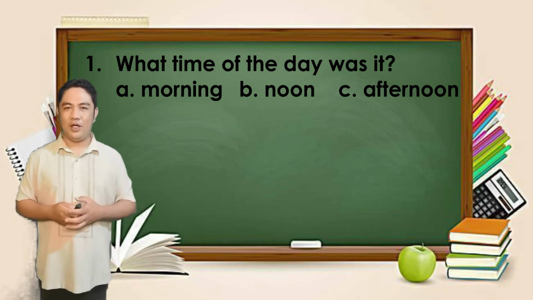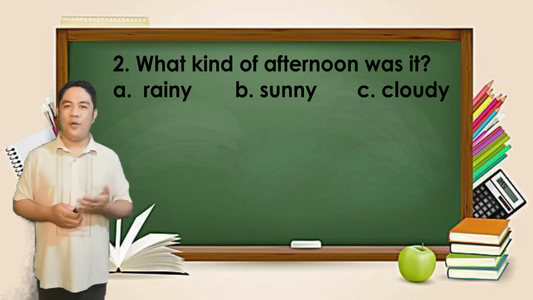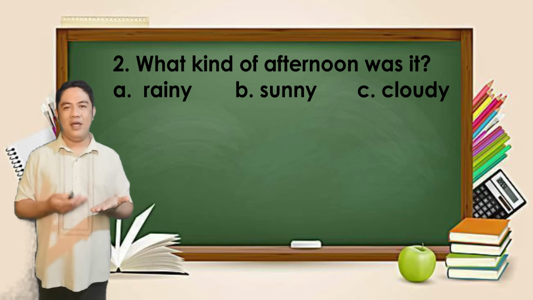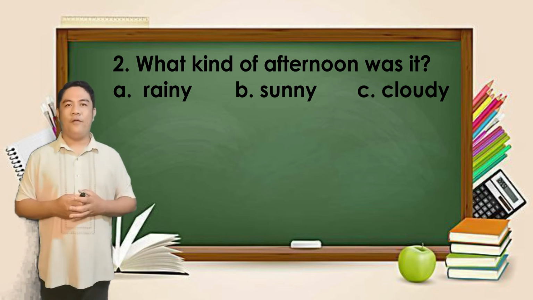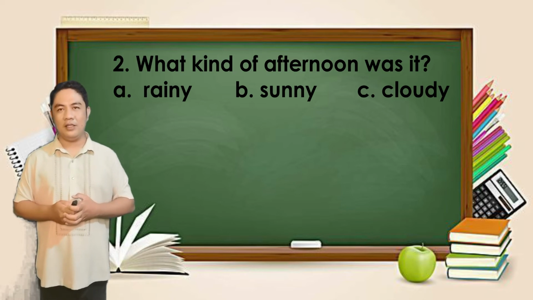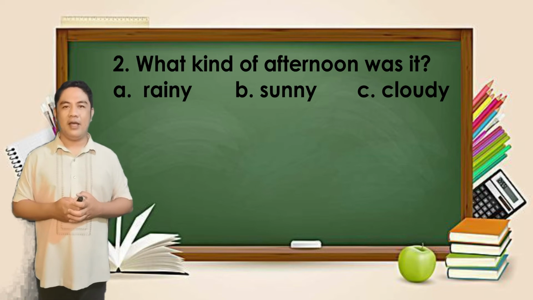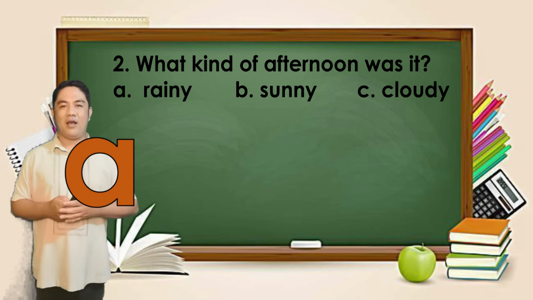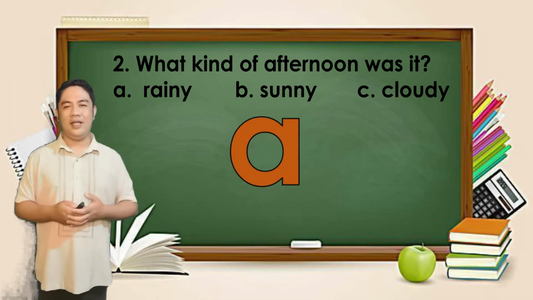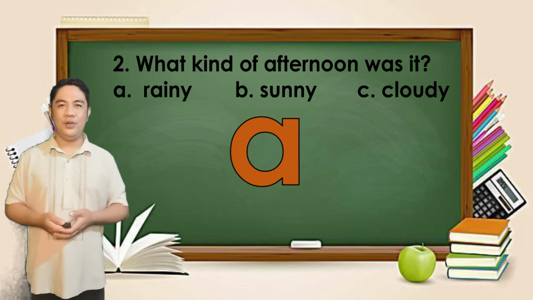For the second question, what kind of afternoon was it? A. Rainy. B. Sunny. C. Cloudy. For the answer of second question, the correct answer is letter A. Why A? Because it was mentioned in the story that it was rainy afternoon.